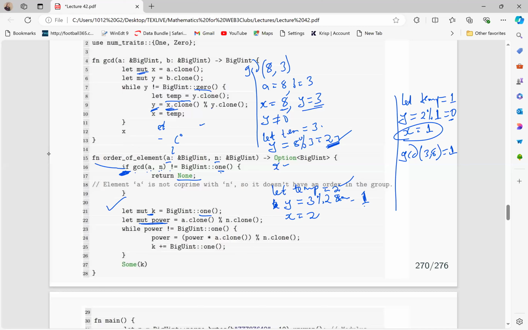We let the power be A, because what we want is A raised to K. So we began by letting K be 1 initially, and we let the power be A.